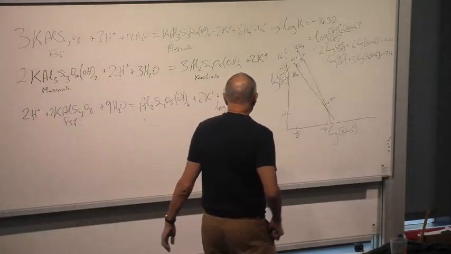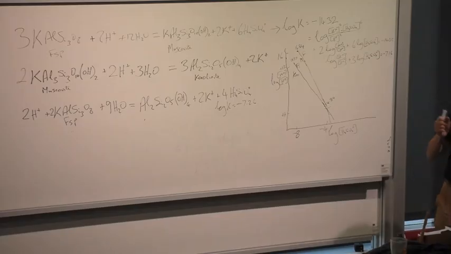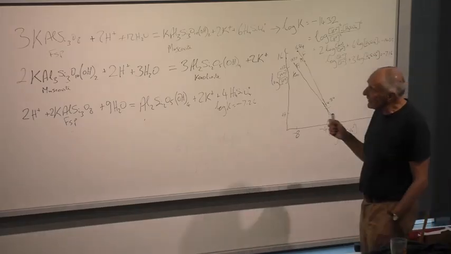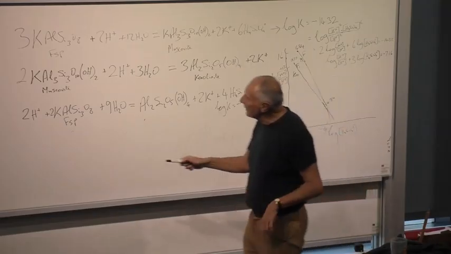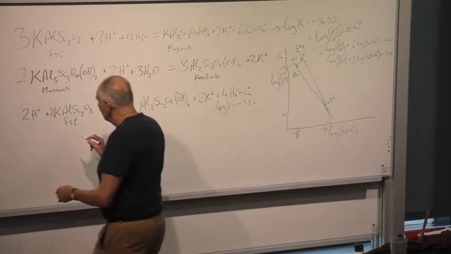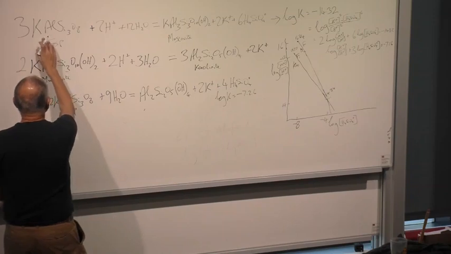And we can do the same with log K, because log K's are additive, can be added and subtracted in the same way as free energies, enthalpies, and so on. So we can eliminate feldspar by taking 2 of that one.